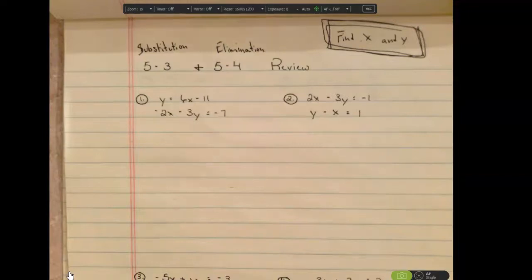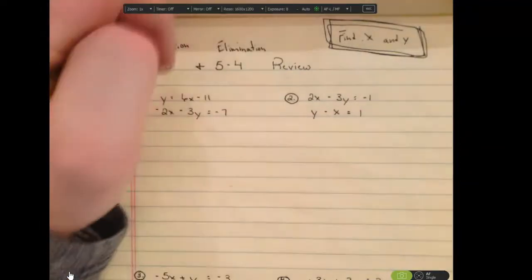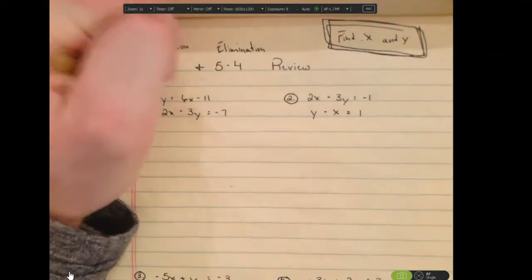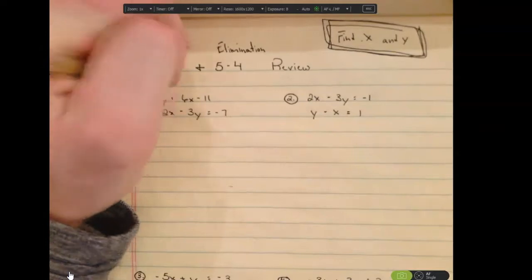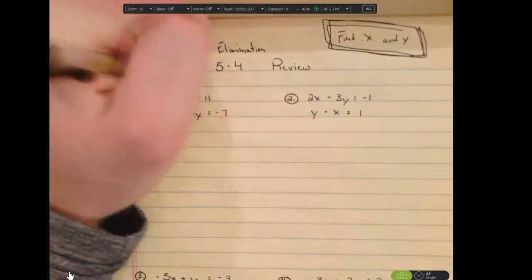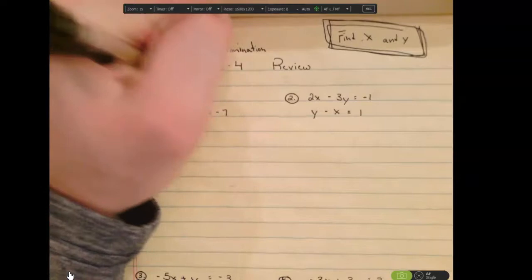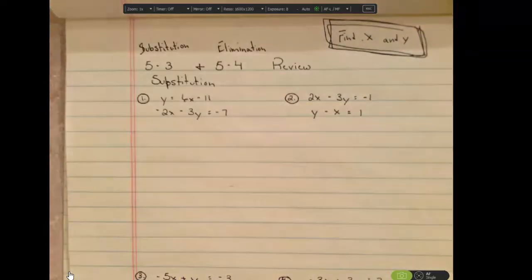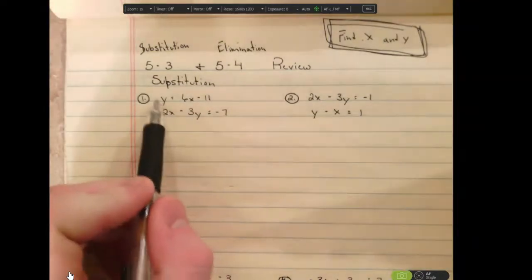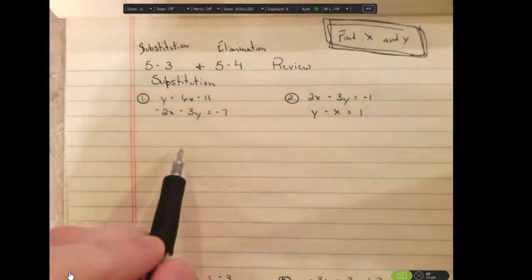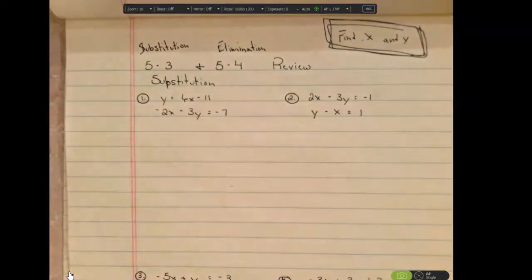Let's see if we can find what x and y are. The first three problems we're going to do through substitution, so I'm going to label substitution above these problems. Remember, with substitution, one of your variables had to be alone, by itself.